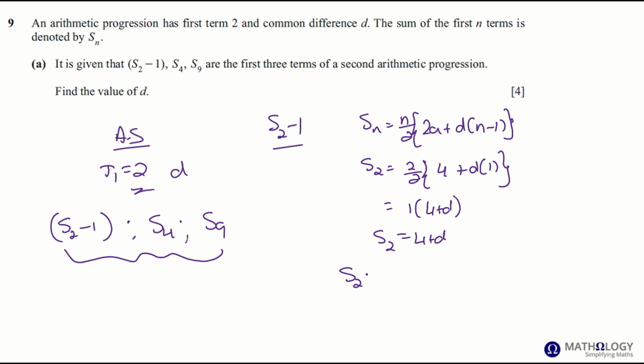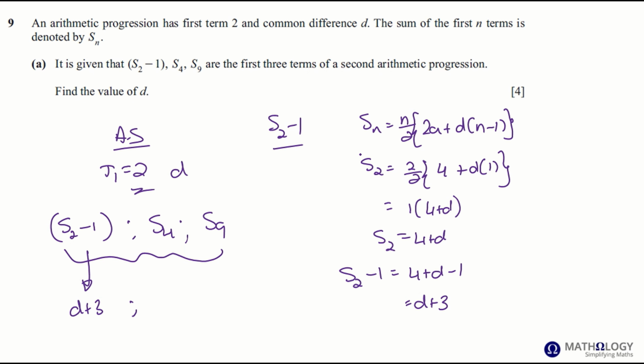Therefore, the sum to 2 terms minus 1 will be 4 plus d minus 1, which is d plus 3. So this term here, d plus 3, will be the first term of the second arithmetic progression.